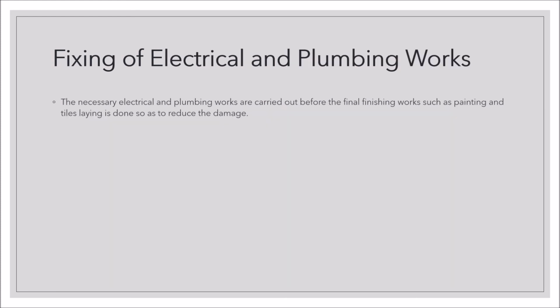Fixing of electrical and plumbing works. Plumbing, the pipe work should be done even before the masonry work, but fixing the electrical and plumbing can be done after the masonry.